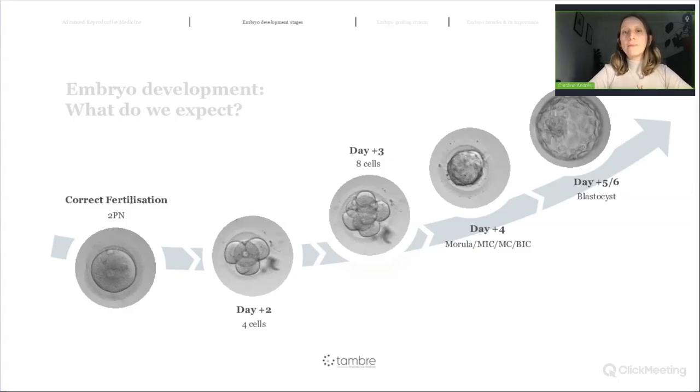The morula starts to compact, which means the cells start joining each other to end up forming the compacted morula, which is what we can see in the image. Then this compacted morula starts forming a cavity in the interior to end up forming the blastocyst. That's what we can see on day 5 and day 6.